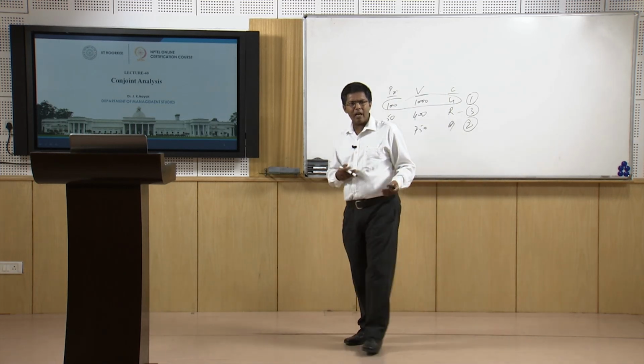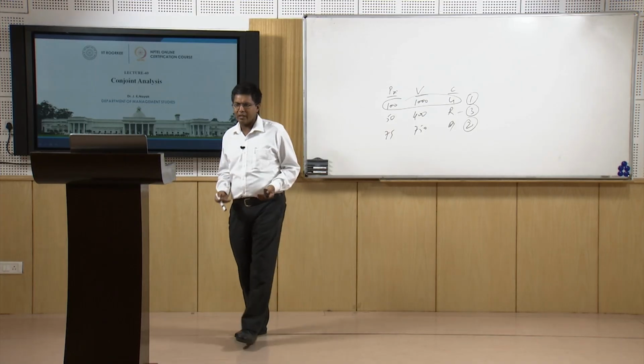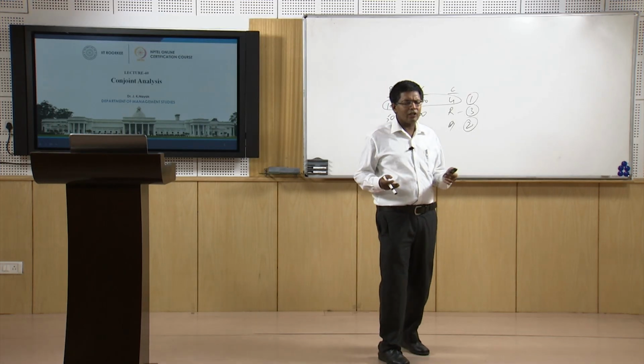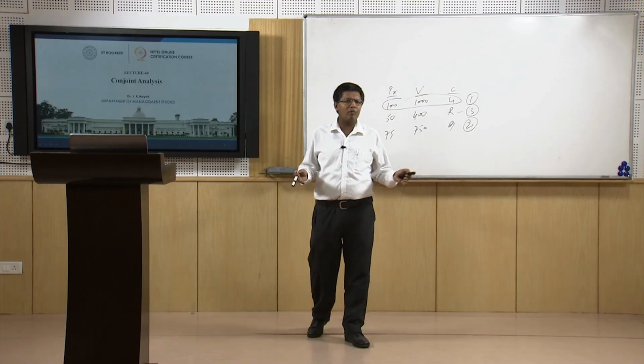So, its presence or absence will impact the utility value of the entire function. So, we regress the dependent variable on the independent variables, and the estimated betas equal the part worth utilities. The part worth which I said is the ultimate utility; the ultimate utility is the summation of the part worth utilities. Okay.